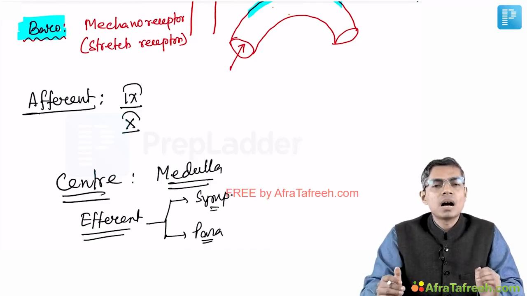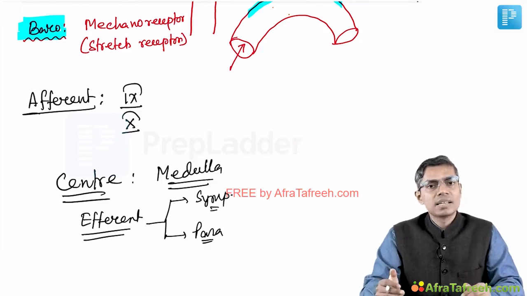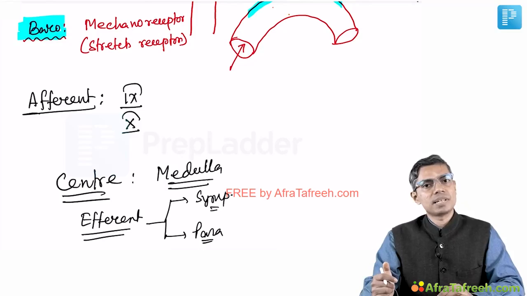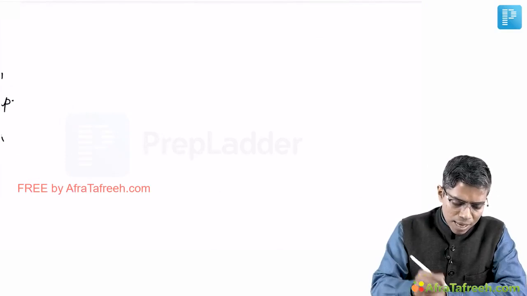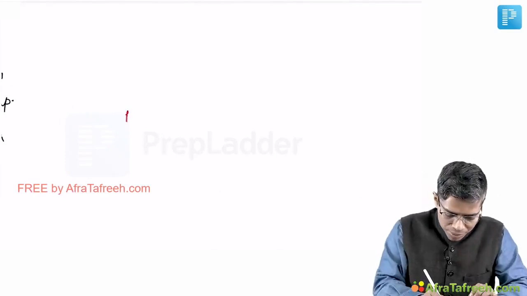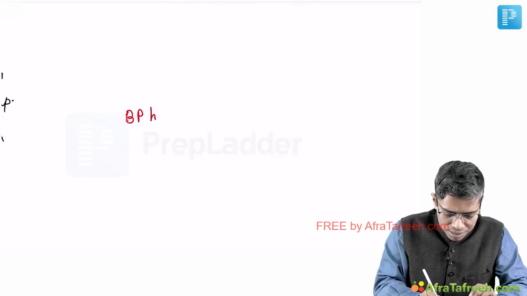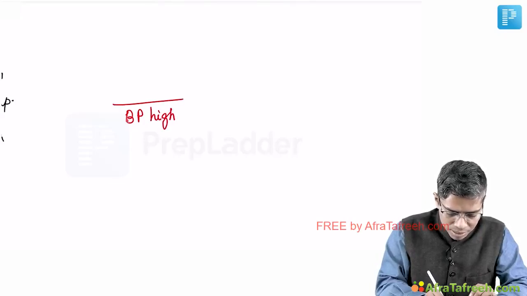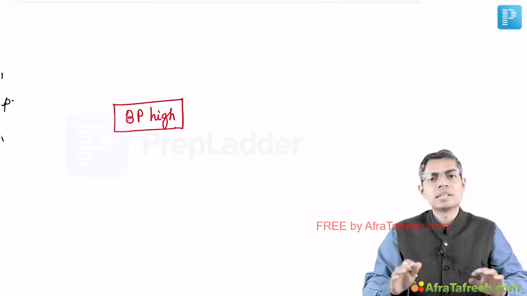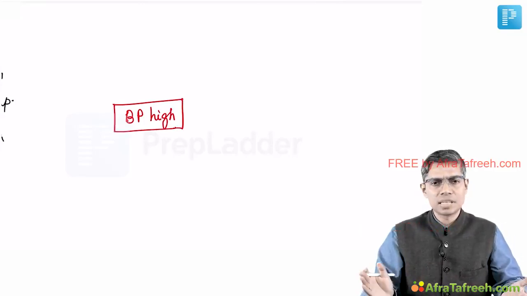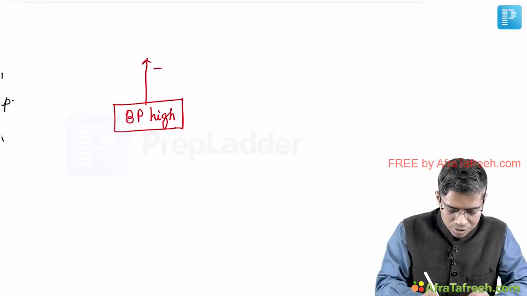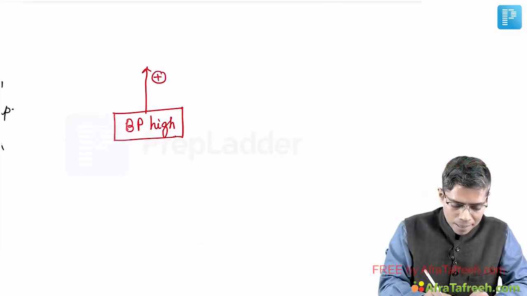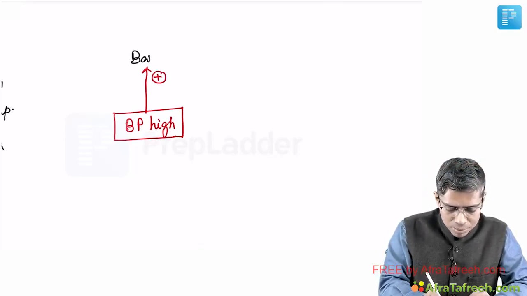Now we are going to look at how this baroreceptor reflex acts and the applied aspects of this baroreceptor reflex, very, very important for your MCQ. I told you that baroreceptors are mechanoreceptors. So if, due to any reason, such as anxiety or stress, your blood pressure suddenly becomes high, we have just discussed that it is going to cause a stretch on the vessel wall and cause activation of the baroreceptors.